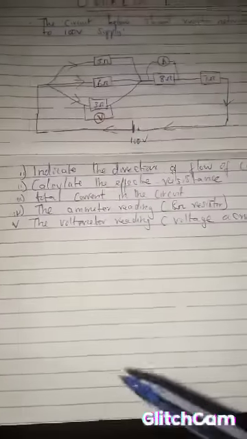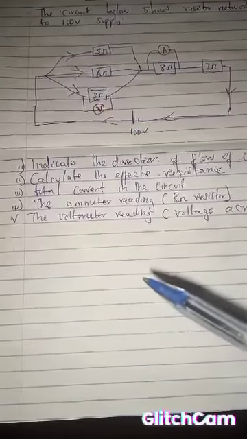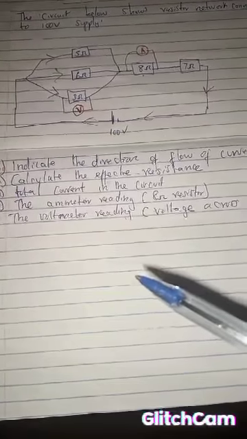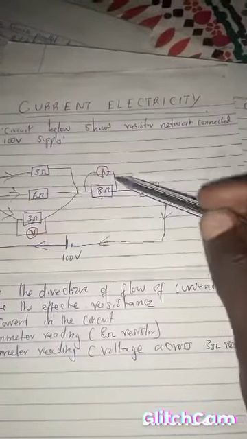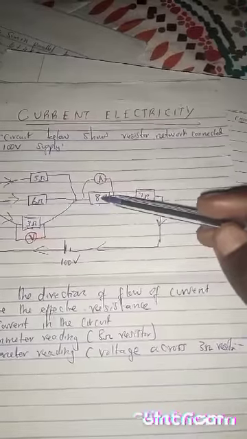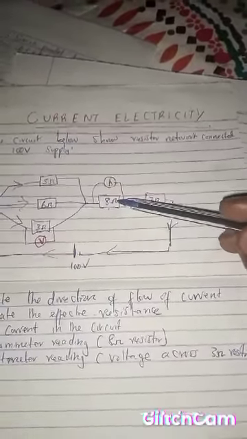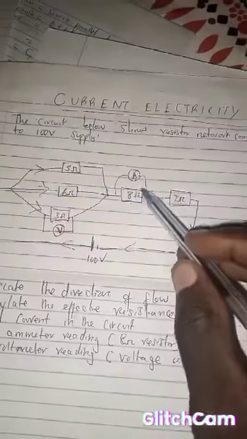Then our second last question, which is the fourth question, is the ammeter reading for the 8 ohm resistor. Remember, we have here an ammeter that is normally connected in series with the circuit. So you want to know the amount of current passing through the 8 ohm resistor. You know very well that the 8 ohm resistor is in series with the circuit connection.